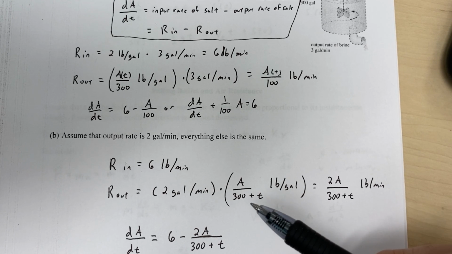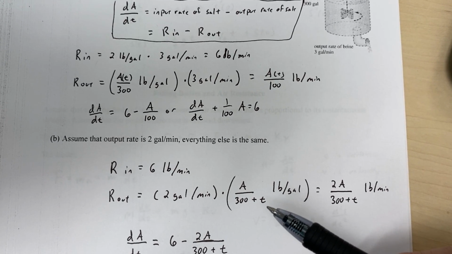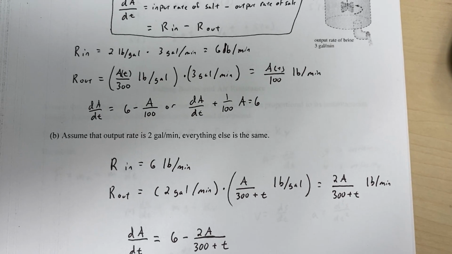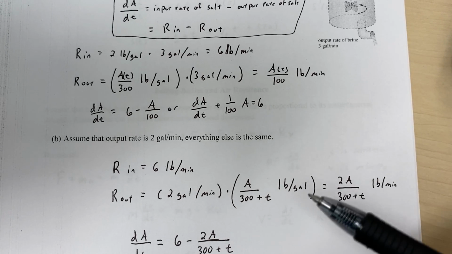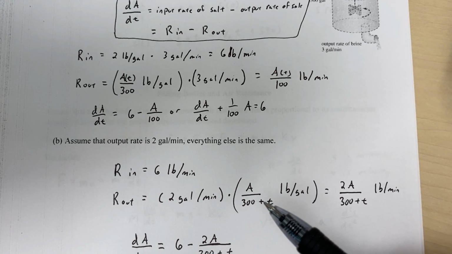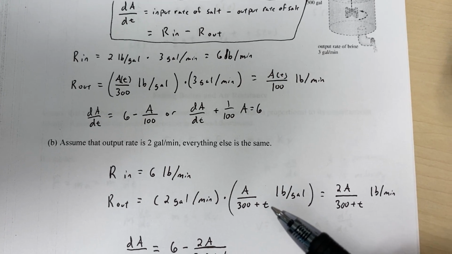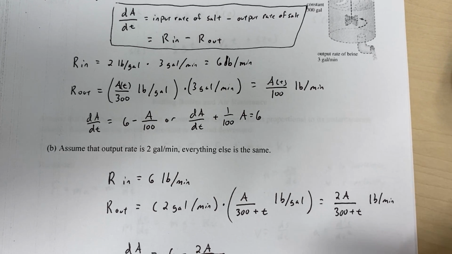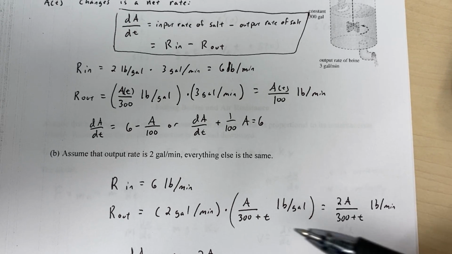After 5 minutes we have 5 extra gallons, after 10 minutes we have 10 extra gallons, so that's why it's A over 300 plus t. If the output were 1 gallon per minute, we'd have 2 gallons per minute more coming in, so that would be 300 plus 2t. I just wanted you to see where this 300 plus t comes from. After 7 minutes, we'll have 307 gallons in the tank.